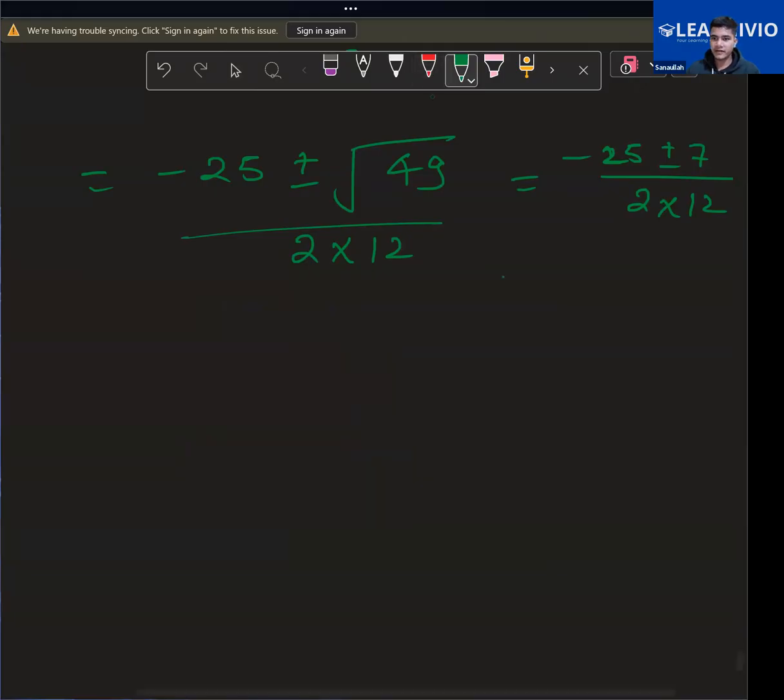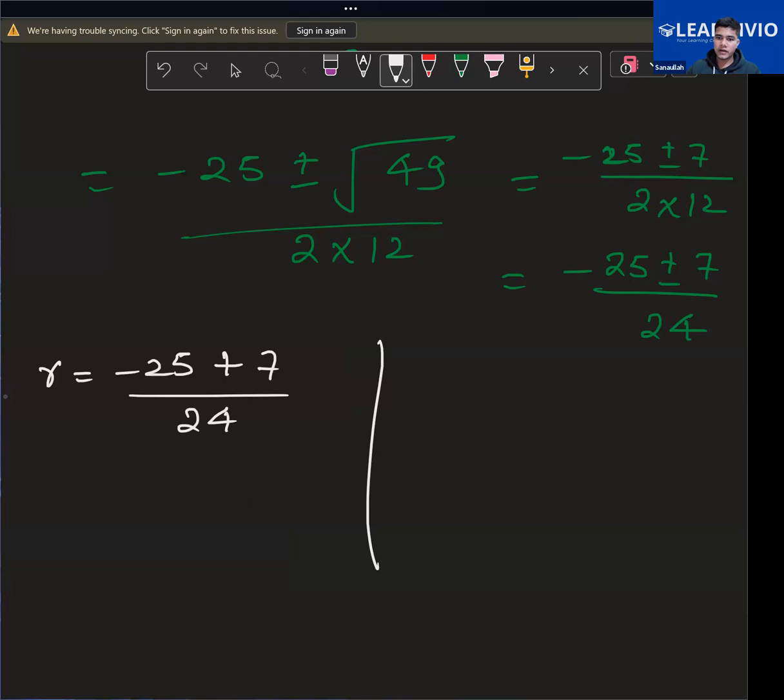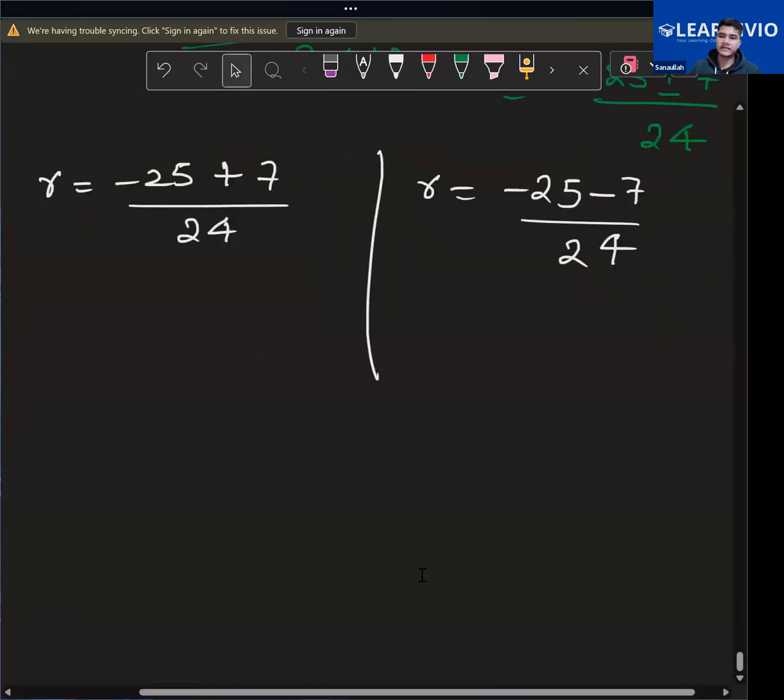If you want, then I can write 24. Now we have two cases. R can be minus 25 plus 7 over 24, and r can be minus 25 minus 7 over 24. A plus case and a minus case.